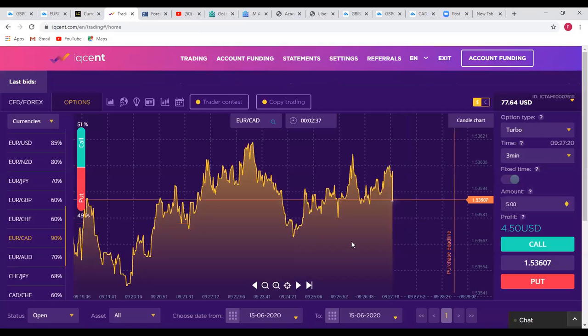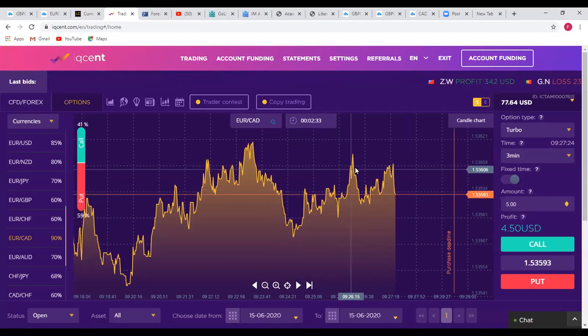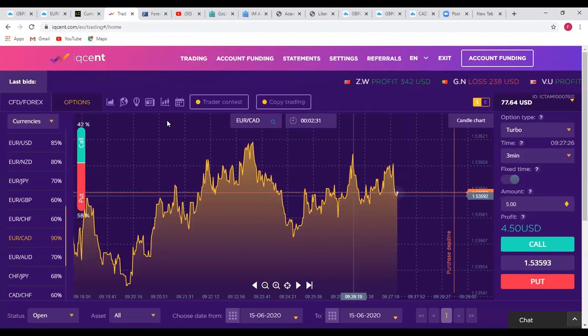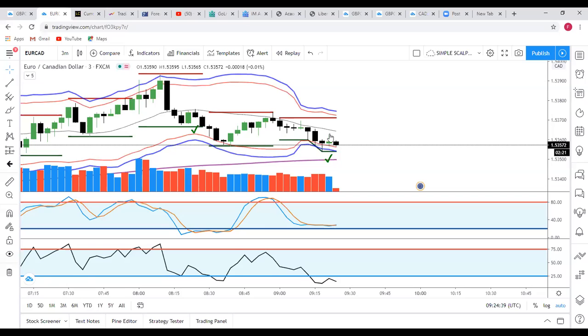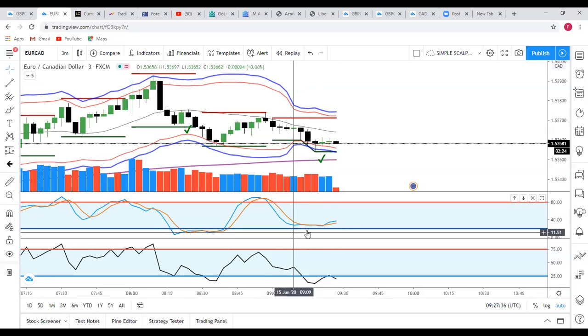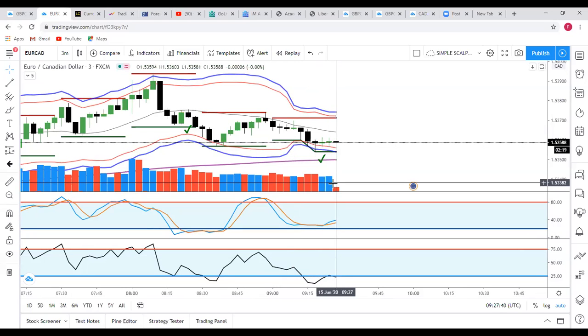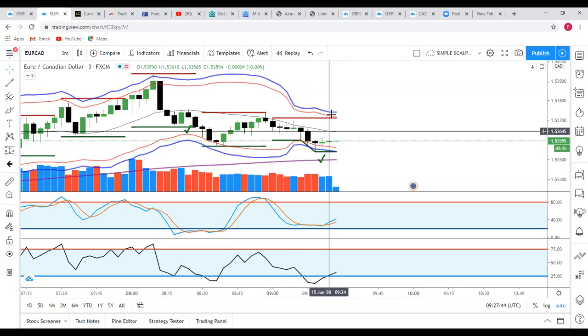So we just took a trade and we won the trade. So you've seen how this thing works. I used the simple scalper strategy. I use it when price is at the lower Bollinger Band, when my stochastic is under here and my RSI is under, and I see an entry for a buy, which is a blue candle forming, I take my buy.